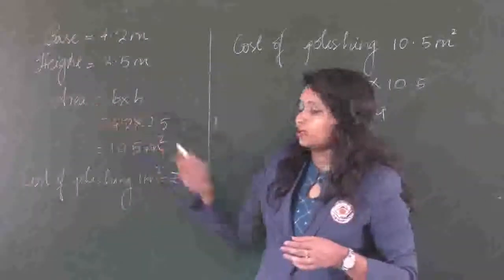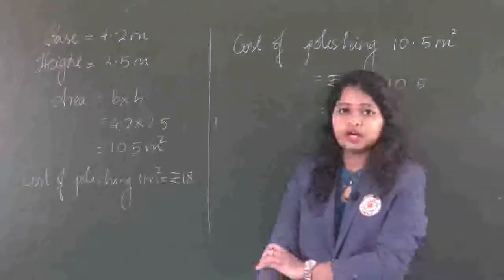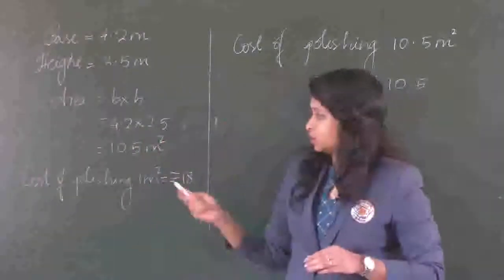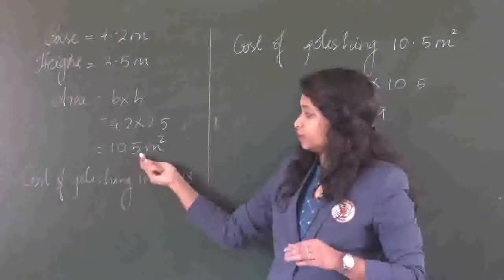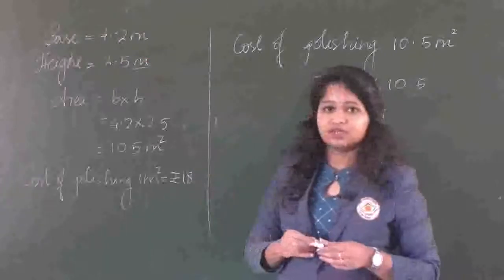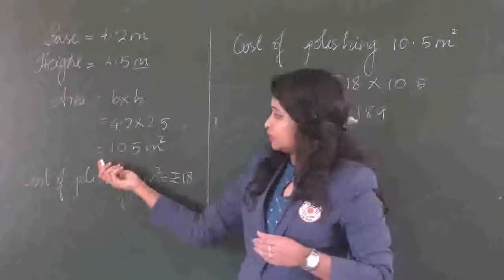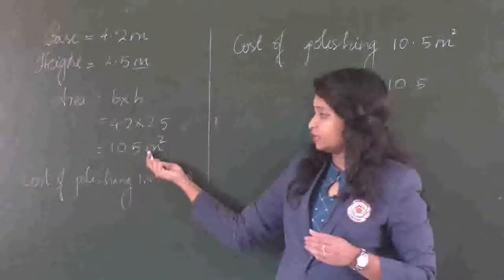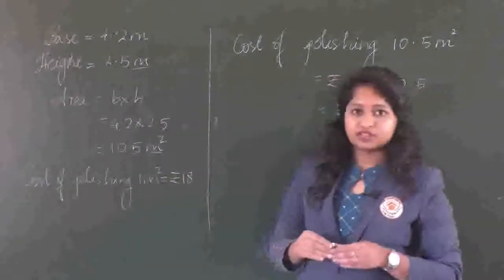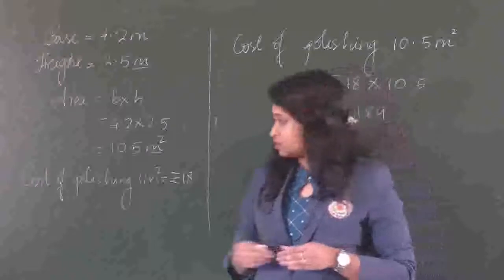So, first we should find the area and then we should multiply with the cost of polishing 1 meter square. So, area of parallelogram is base into height, that is 4.2 into 2.5, which is 10.5 meter square. Here you see the unit is given as meters. So, the area's unit is 10.5 meter square or square meter, you can write it like square meters.